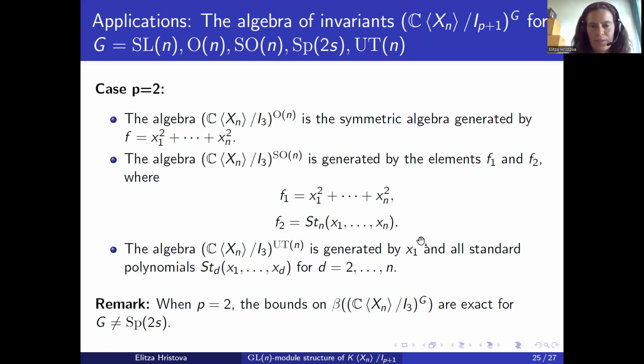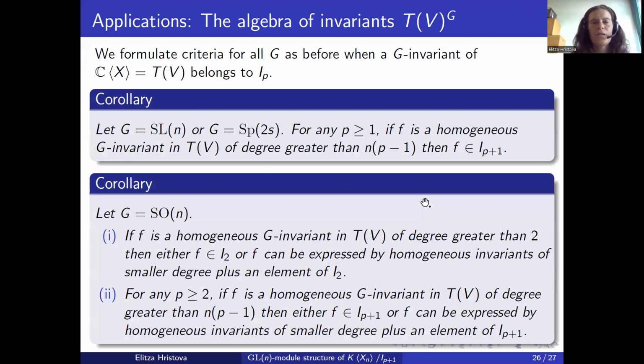Okay, there is one more application that I would like to share. It is related now not to the algebra of invariants of the relatively free algebra K⟨X⟩ mod I_{p+1}, but to the algebra T(V), the tensor algebra itself. So we know the G-invariants for all these five groups.